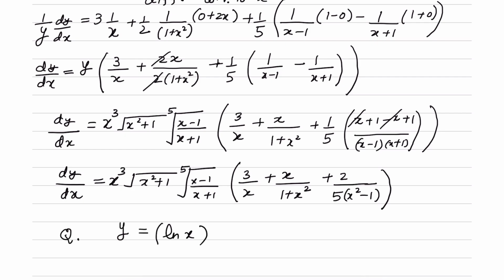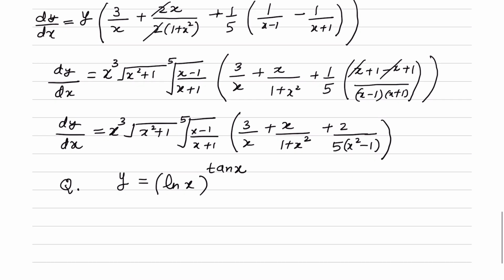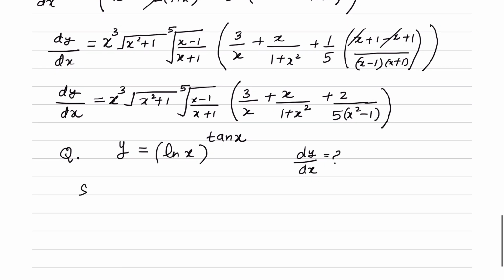We have y equal to ln x to power 10x, and we have to find dy by dx. So what we shall do is, since we know that here ln x power is 10x, not a number, so we cannot apply the power rule. So what we shall do is we take ln on both sides.